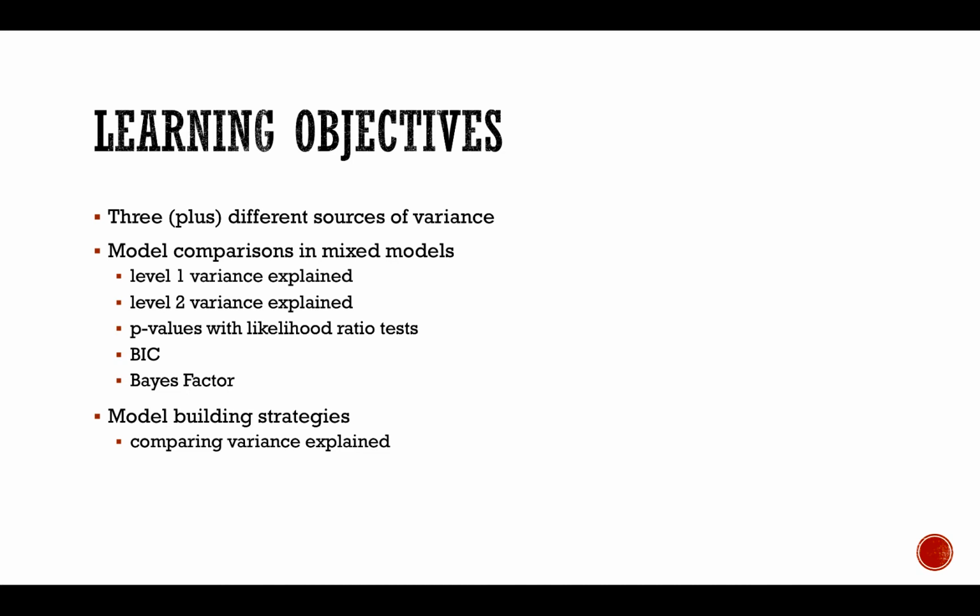We also talked about p-values with likelihood ratio tests. And then we talked about the BIC and our approximation to the Bayes factor. And finally, we concluded with our model building strategy, where we ask ourselves, is it worth it to include this additional predictor? Or we have two different models and we want to know whether one is better than the other. And we have various metrics we can use. We can use the p-value, the BIC, the AIC, and the Bayes factor, not to mention the change in R squared.